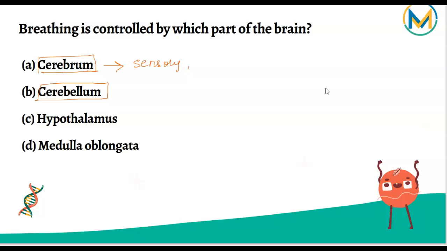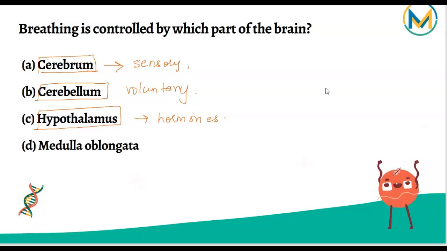Cerebellum does most of our voluntary activities like balancing, movement, coordination. Hypothalamus is responsible for secretion of hormones. It activates the pituitary gland and the other parts, which in the end is responsible for secretion of hormones.